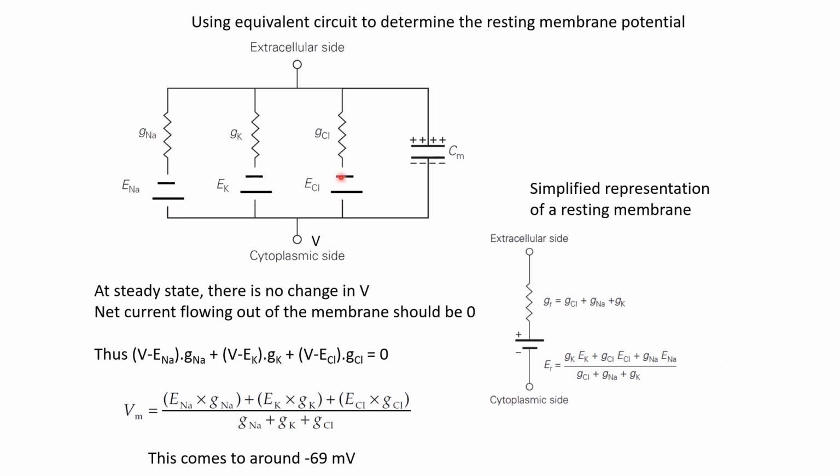All these channels that are open in the resting state are sometimes called leaky channels or leakage channels. These are channels that are always open in the resting state of the membrane. Later we will talk about the active channels that are not always open but open in response to certain events happening in the neuron. But these channels that are always open are called leakage channels.